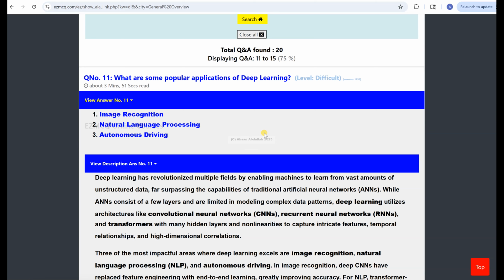And then there is autonomous driving. There are many companies which have autonomous vehicles, and deep learning enables those vehicles. This is also the domain of reinforcement learning, but over here we are talking with reference to deep learning.